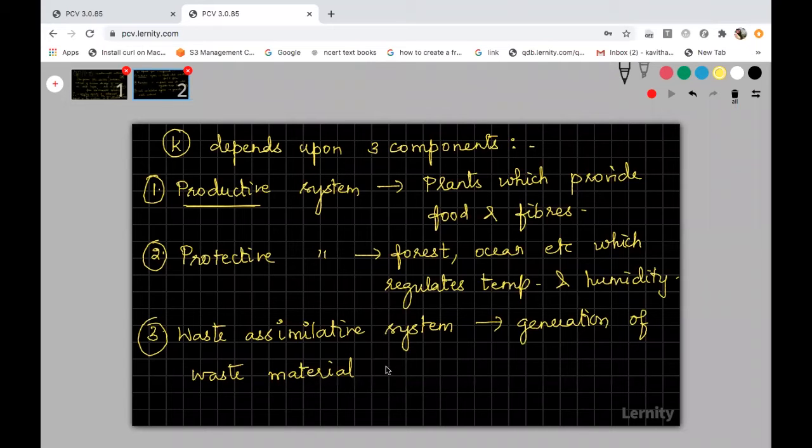So the generation of waste material in water, air and soil, all these abiotic factors. So these are the three different components upon which your carrying capacity of the environment, represented as K, depends. This is also a very important question, so please mark it as important.